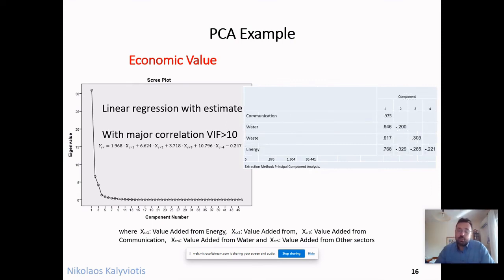Then we have to check whether the independent variables of interest affect a specific virtual variable. In this case, communication, water, and waste, all of them were affecting the first eigenvalue.